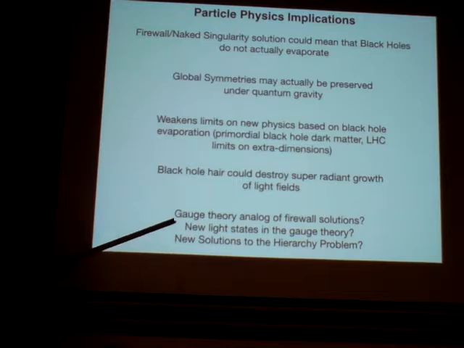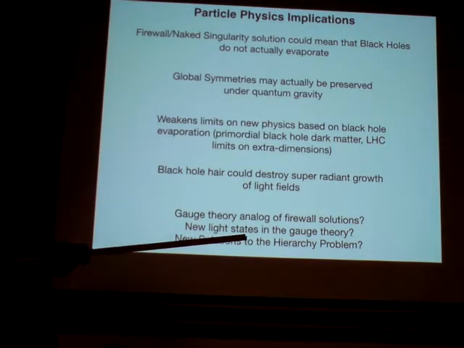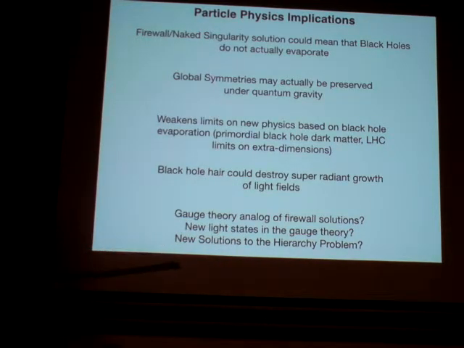People like Mina Armanitaki have used black hole superradiance as a way to place limits on particles like axions. Even that is subject to this, because if the black hole has hair, if it's not exactly just a rotating Kerr solution, you could source hair.